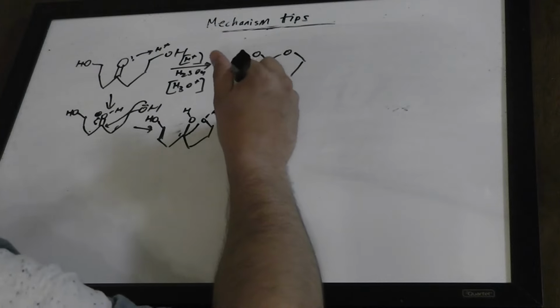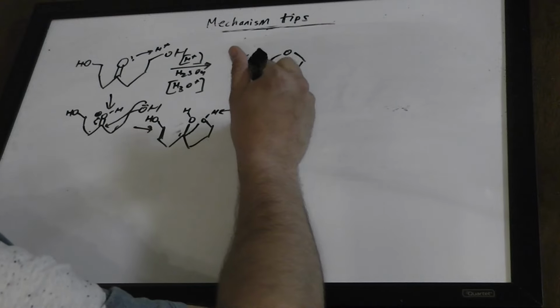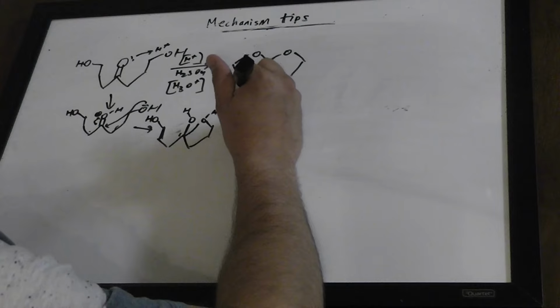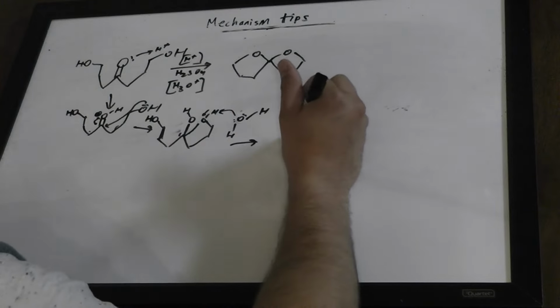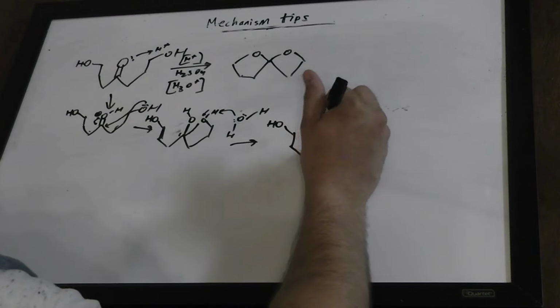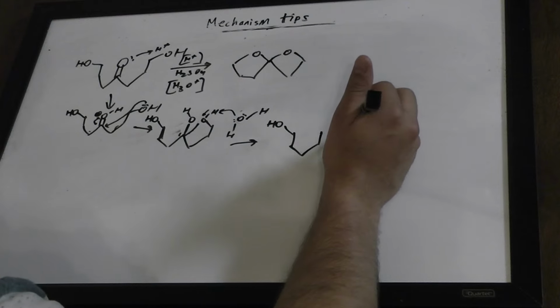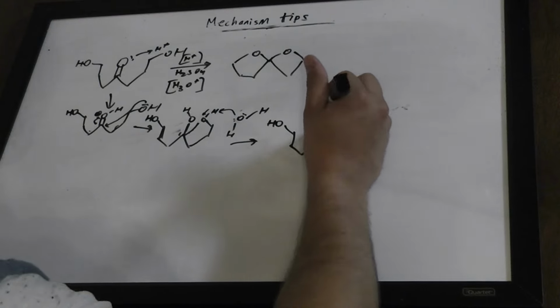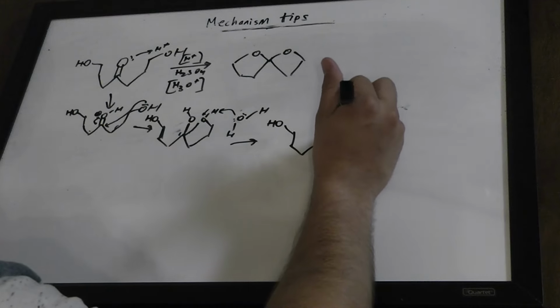And then what's going to happen is this is going to get deprotonated by a weak base, so that's really actually going to be water. So I just use acid to add a proton. Now we're using water, which is the conjugate base of acid, to remove the proton.